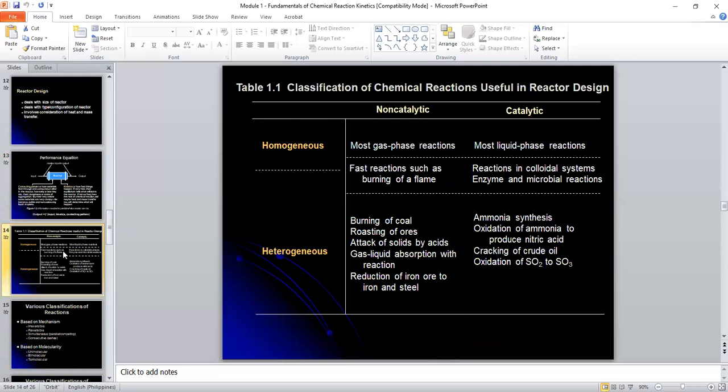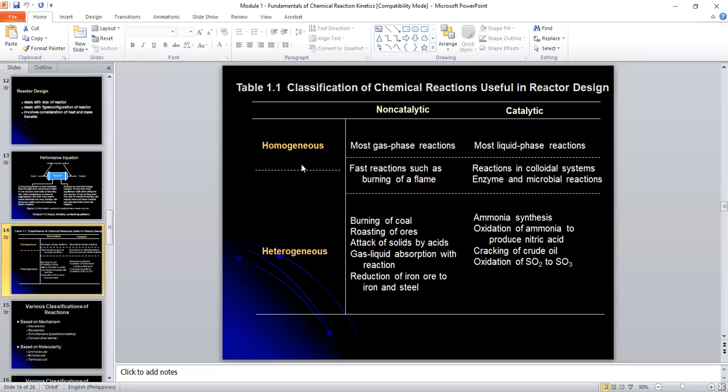Now, in the form of a table, Levenspiel gave us an overview on how we can classify chemical reactions. We can classify them based on the first column you're seeing here. We can generally classify chemical reactions in terms of how many phases we see.